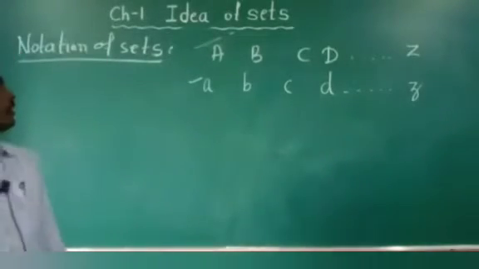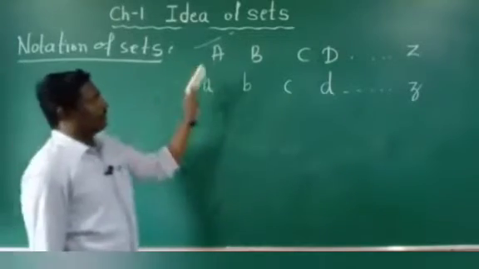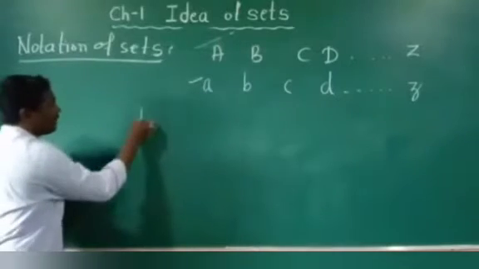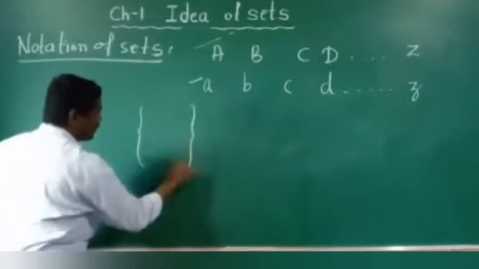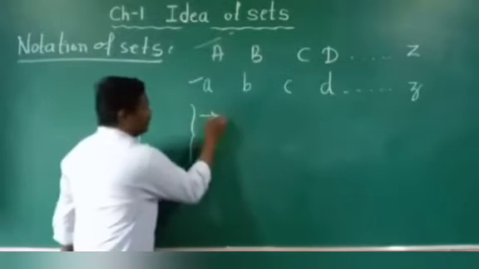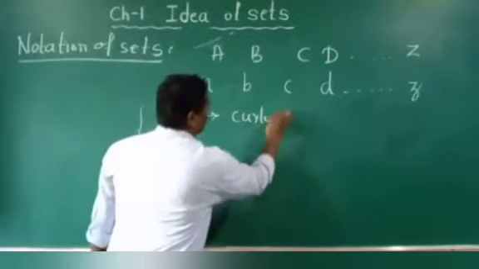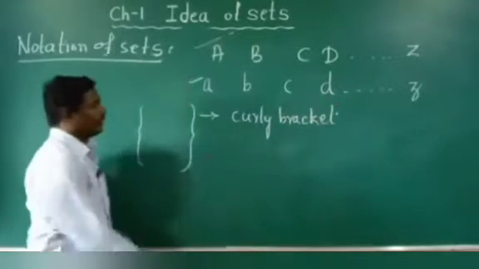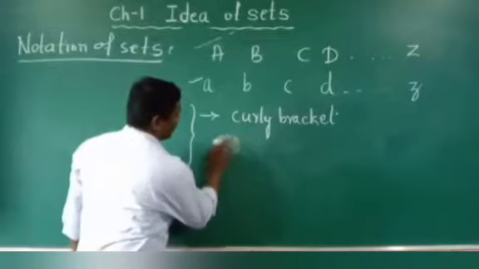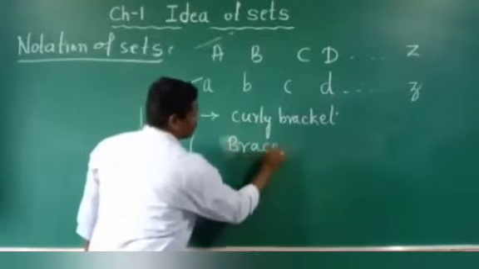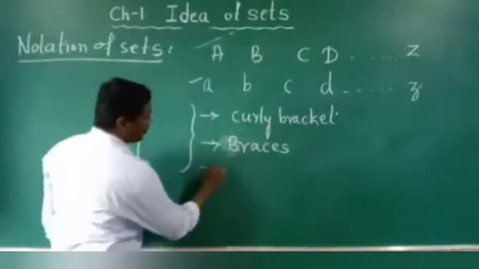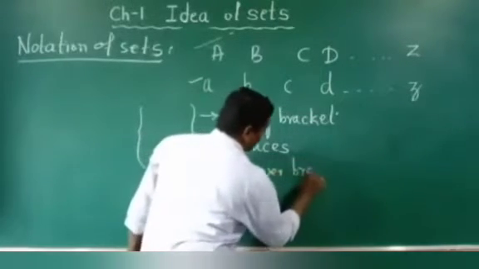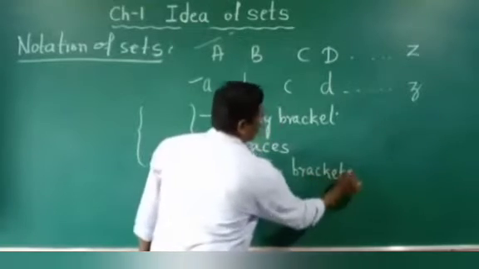And we represent these elements or members inside curly brackets. So this is a curly bracket, and this curly bracket is called braces, or sometimes we also call it flower brackets.